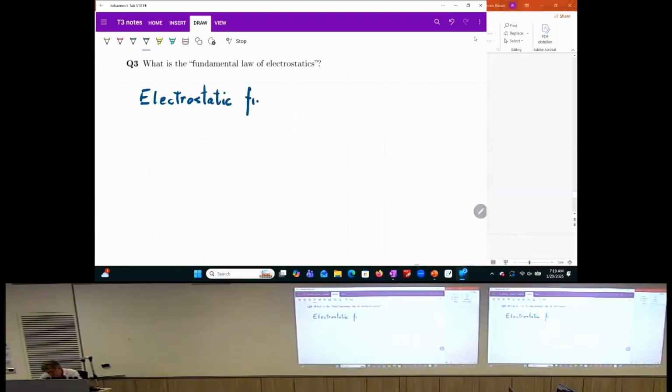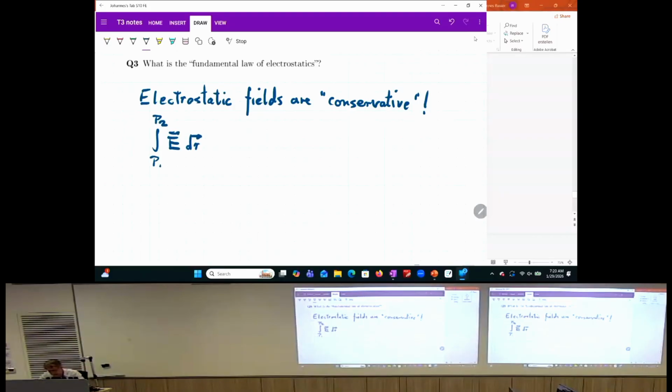So the electrostatic fields are conservative, meaning they are preserving energy, P1 to P2. We can integrate the electric field along some curve. And we have said key is that this integration is independent of path. So let's assume you have here two planes at different potentials, phi 1 and phi 2.